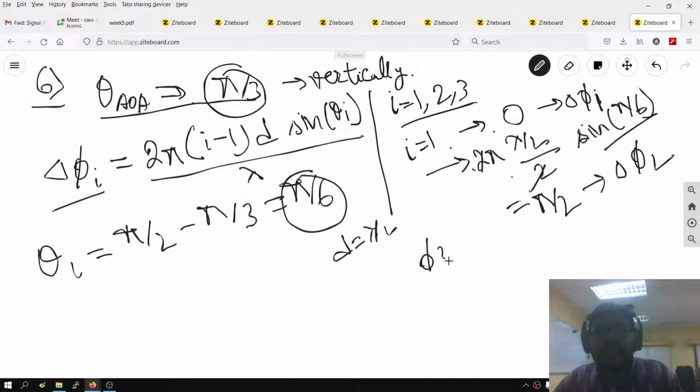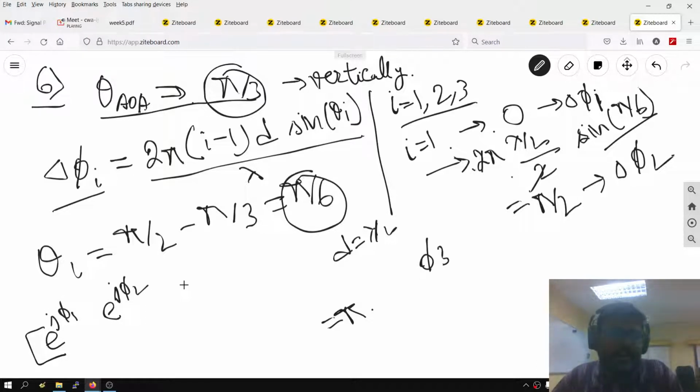Similarly, phi 3 becomes pi. So the steering vector is e to the power j phi 1, e to the power j phi 2, e to the power j phi 3.